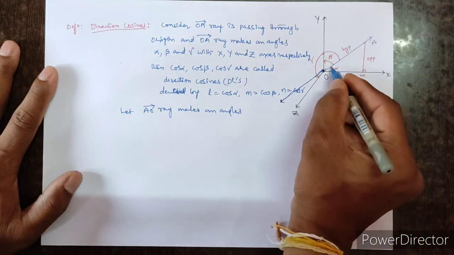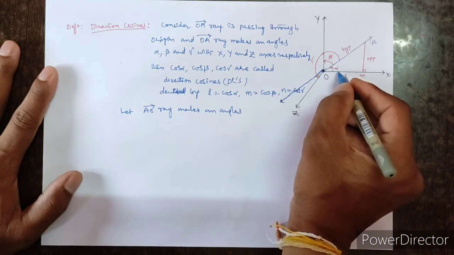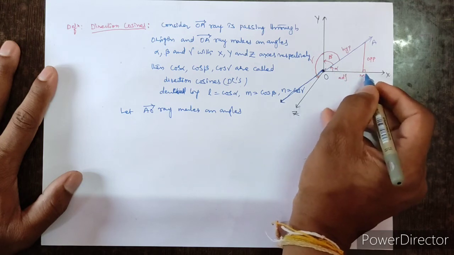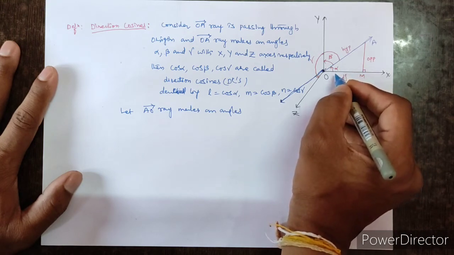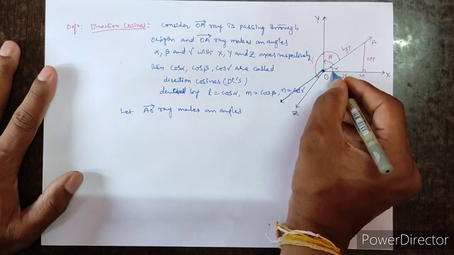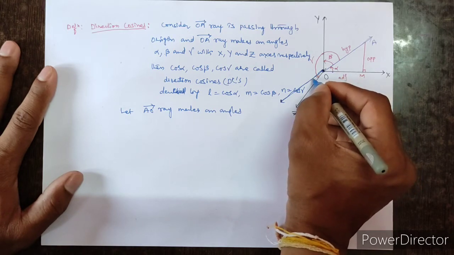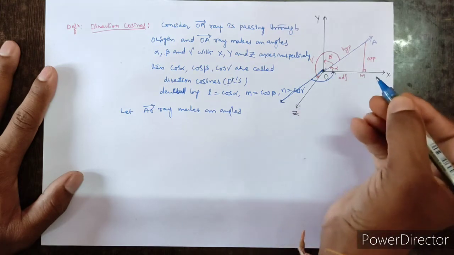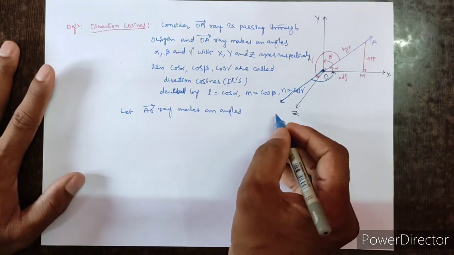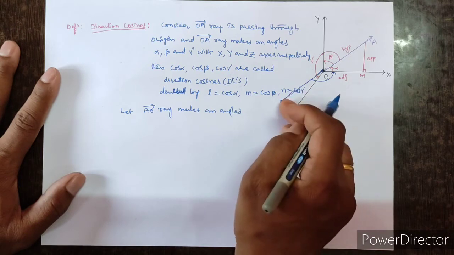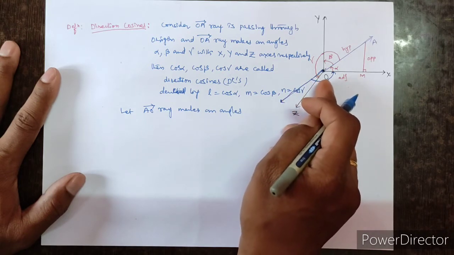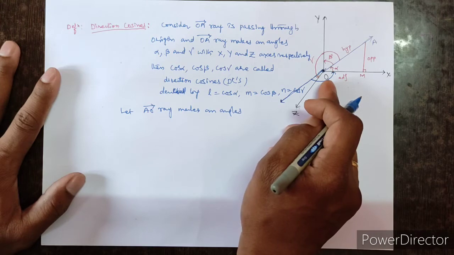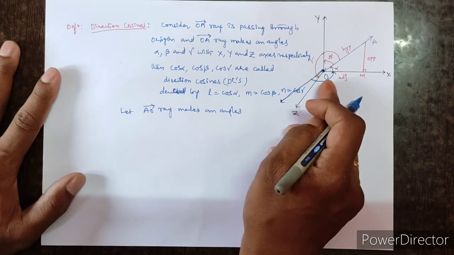This is nothing but alpha angle. OA ray makes an angle with x-axis in positive direction is nothing but alpha, and that remaining angle is nothing but 180 minus alpha. The AO ray makes an angle with x-axis in positive direction is nothing but 180 minus alpha.